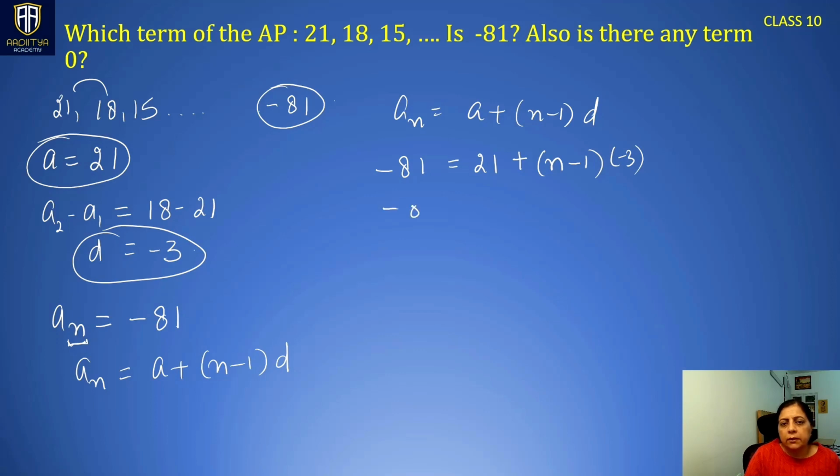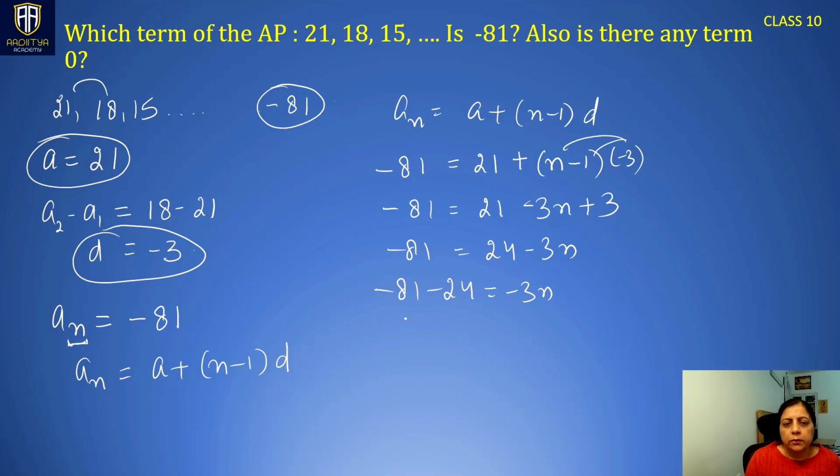Now we simplify this. Negative 81 equals 21, and you open this bracket: negative 3n and positive 3. So negative 81 equals 21 plus 3, which is 24, minus 3n. So negative 81 minus 24 is negative 105, equal to negative 3n. This negative 3 comes to the other side in division, so the value of n becomes 35, since 3 times 35 is 105.